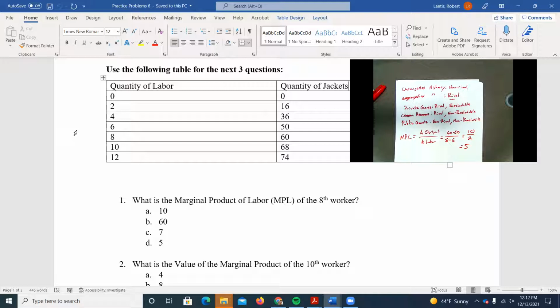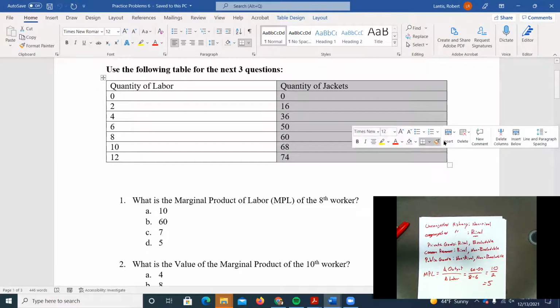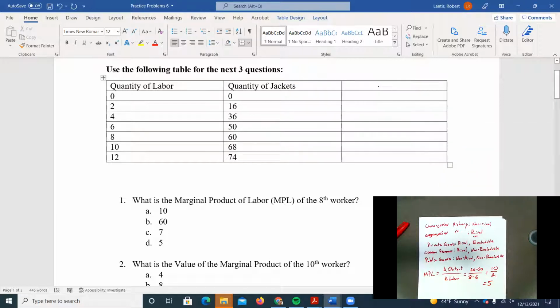And I could do this for every single quantity, right? What might be useful on the exam for this next batch of questions is right next to it. Now I'm going to insert a row here, but you could have just written these down right next to it. Find the marginal product of labor for each one of these. For the first one, there's no comparison, we're just starting at 0.